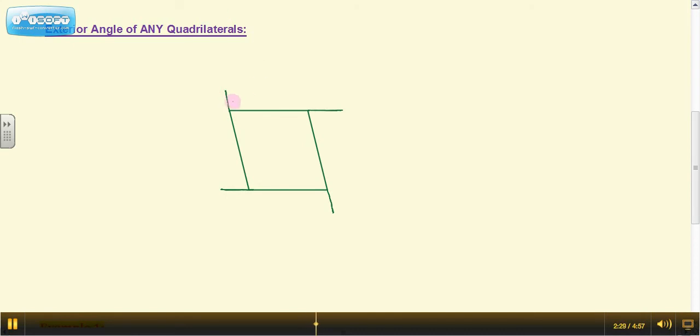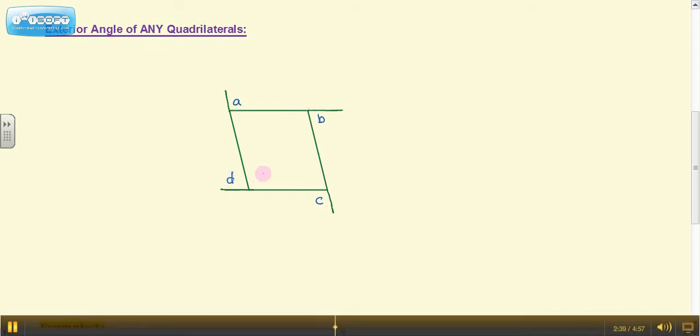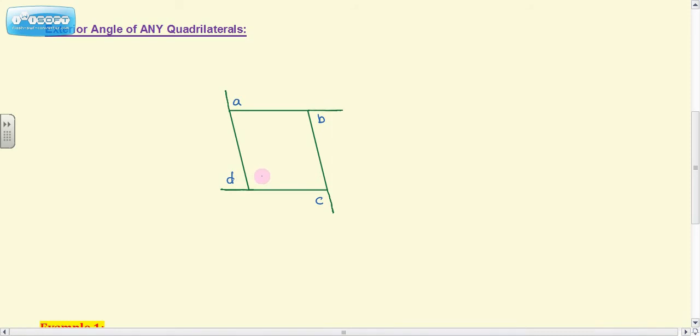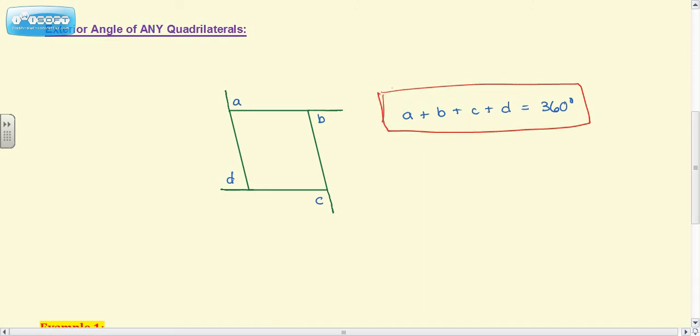Now if I look at the exterior angles: the interior angles A, B, C, D, the inside ones, add up to 360. When I take the exterior angles and add those up, I will actually get 360 degrees as well. Try it out and see if this is what you get. This is the property for the exterior angles of any quadrilateral.